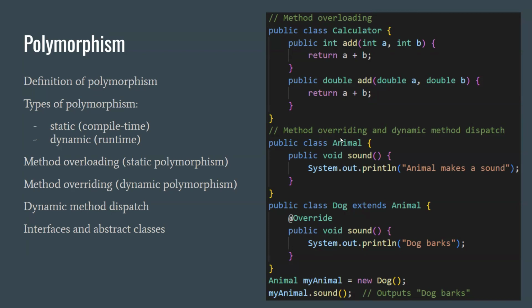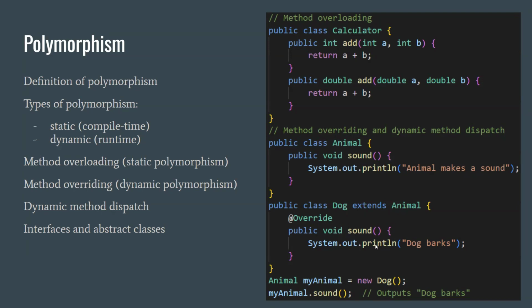So let's look at the animal class. This animal class has a sound method, and upon calling the sound method, it's going to print animal makes a sound. We have this dog class that inherits from the animal class and overrides this sound method to provide a specific implementation.